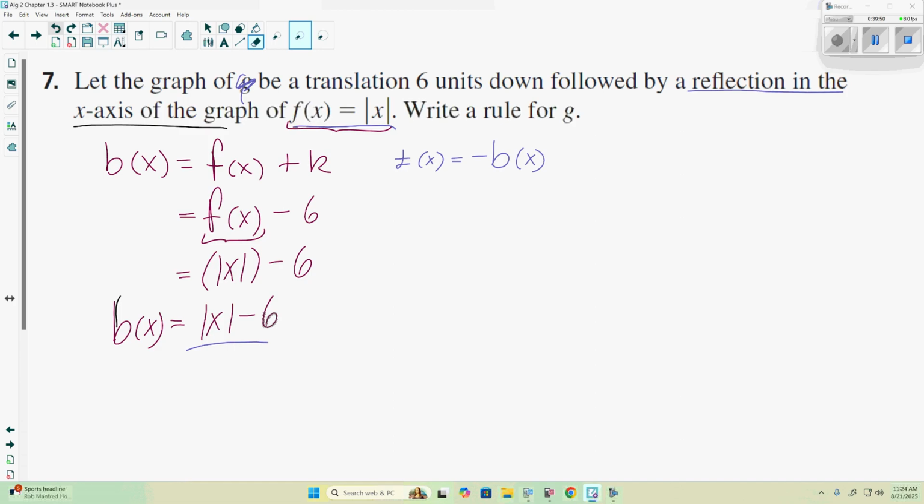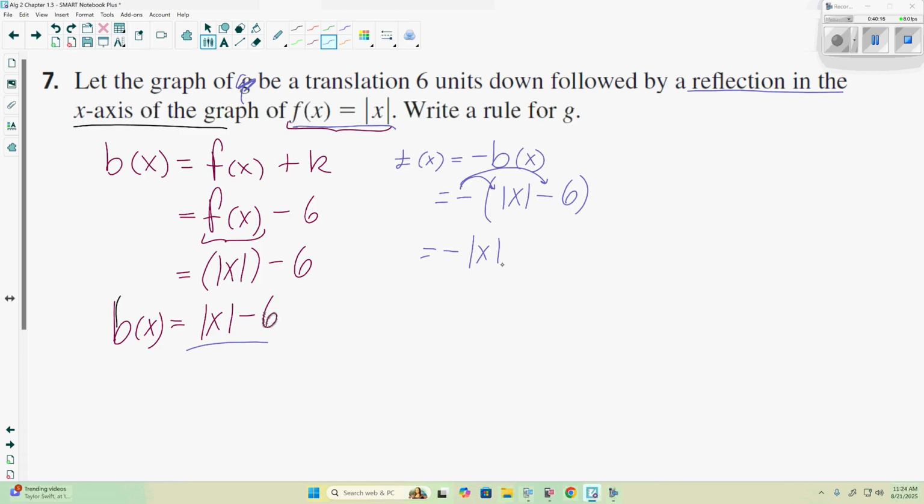Now at this point here, we can replace b of x with its function, the absolute value of x minus 6. And again, just like with our reflections, we're going to multiply that by negative. Negative times our absolute value of x is going to be negative times the absolute value of x.